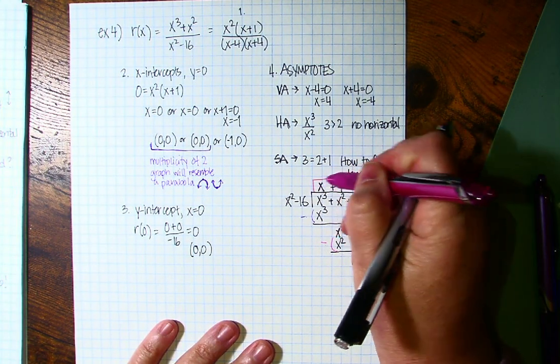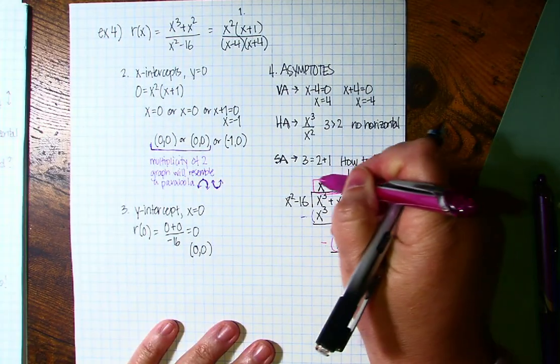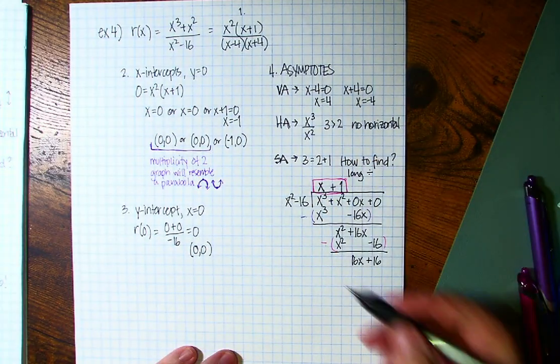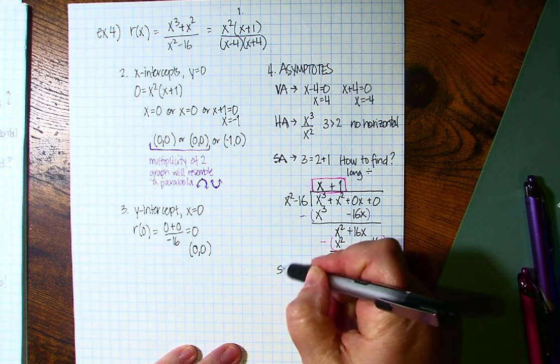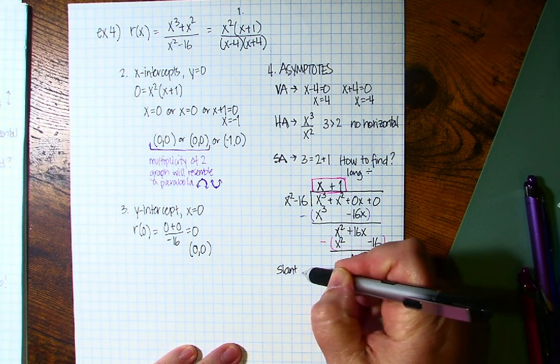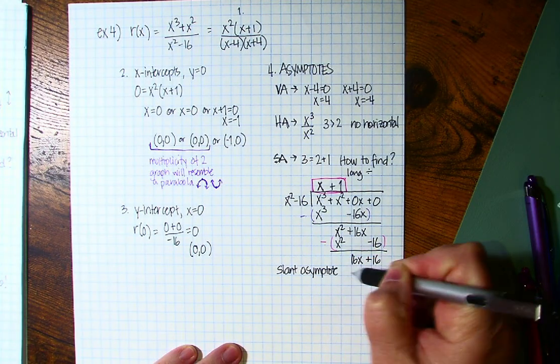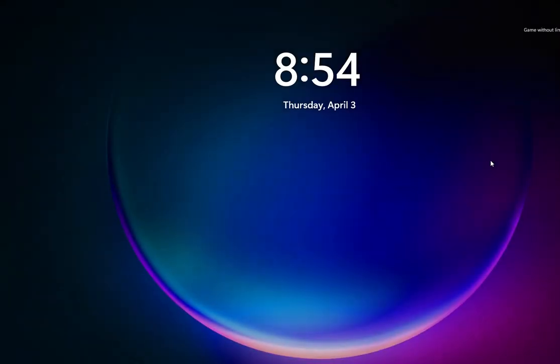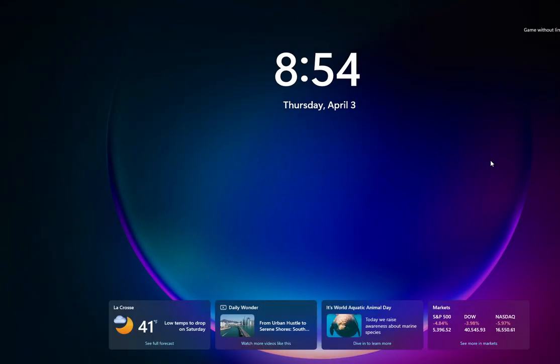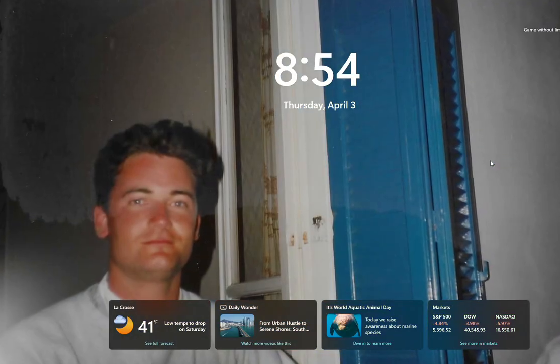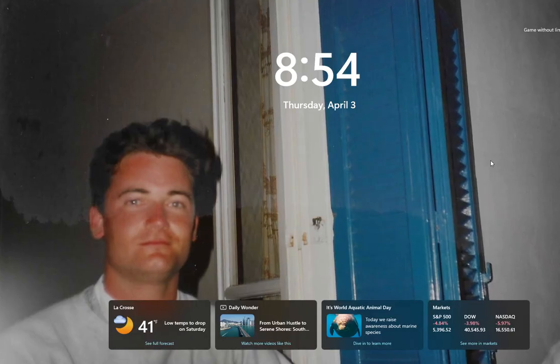This quotient is our slant asymptote. The line y equals x plus 1 will represent our slant asymptote.